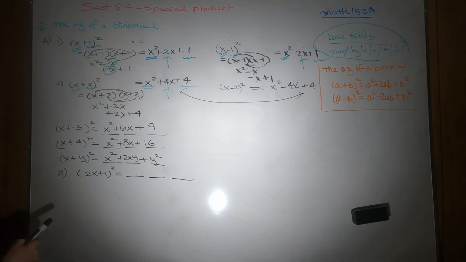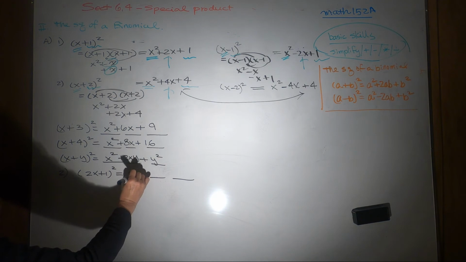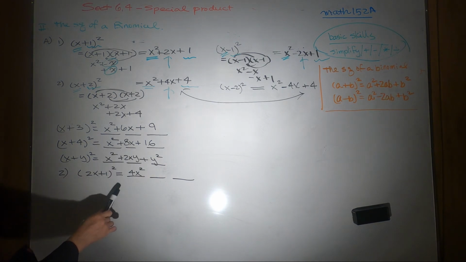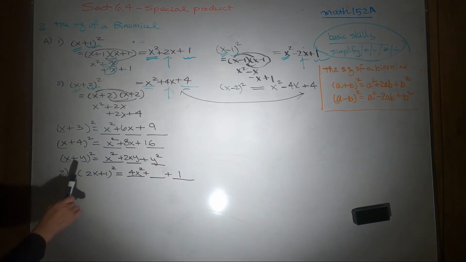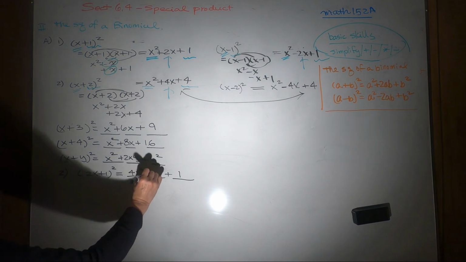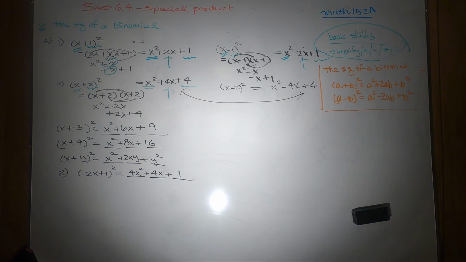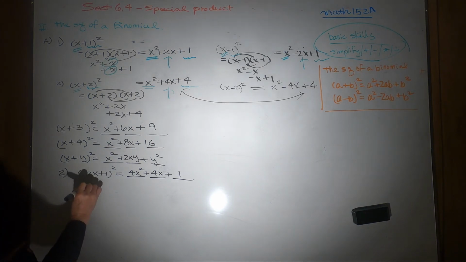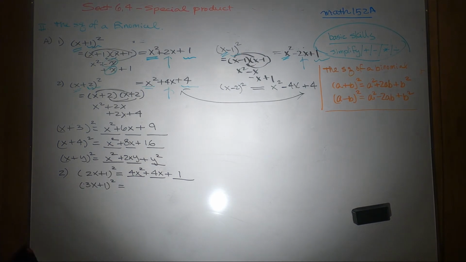So first square, 2x take square, 2x times 2x, 4x squared, right? 1 squared is 1. How about the middle one? 2x times 1, 2x. Double it, 4x. That will be your answer. Right? So we are just doing a shortcut, right?